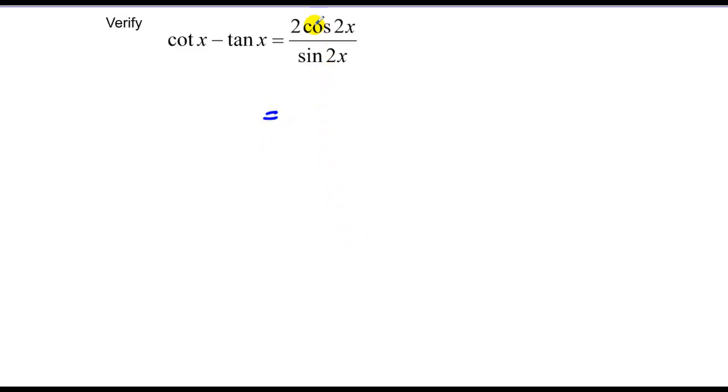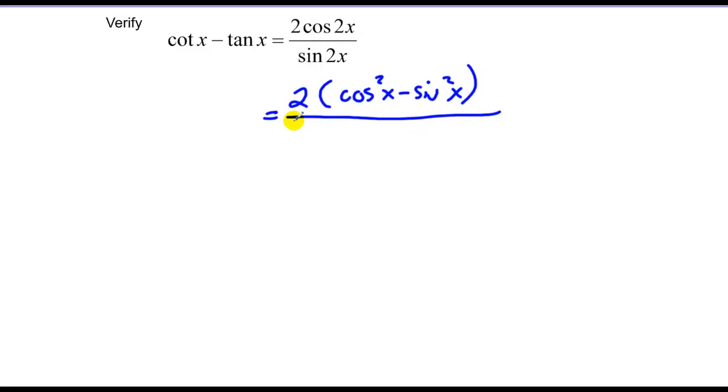And I'm going to need two terms and a difference. So I'm going to go ahead and go, this is 2 times the cosine squared of x minus the sine squared of x over 2 sine of x cosine of x. Now, like I said, I need a subtraction, so I'm going to split this into two different fractions.